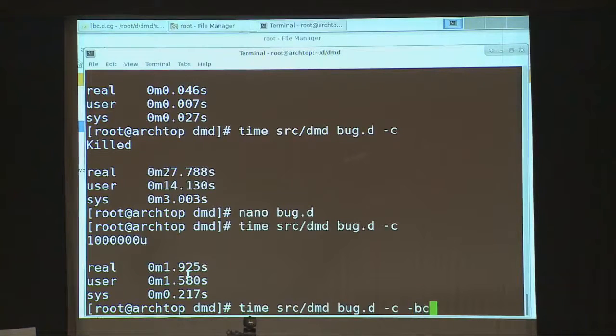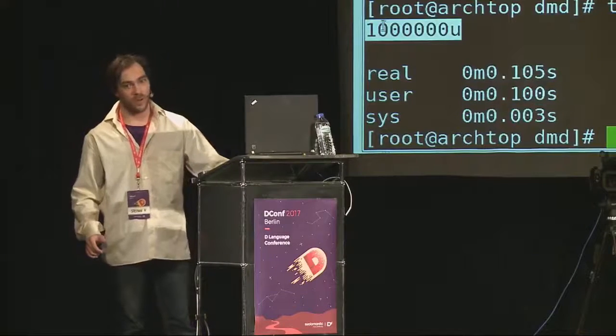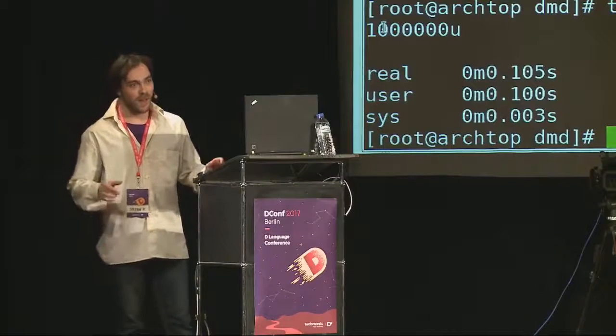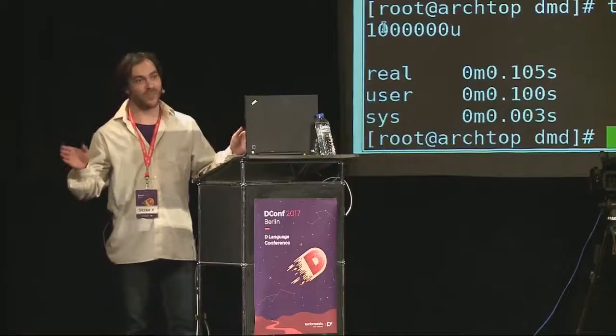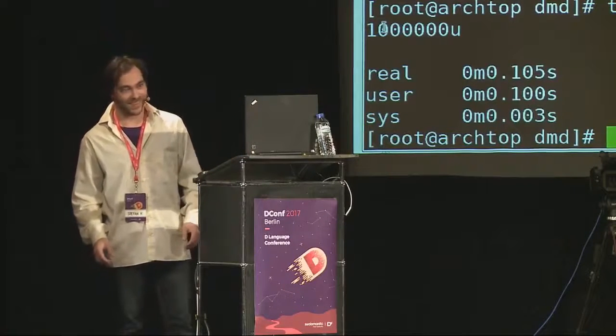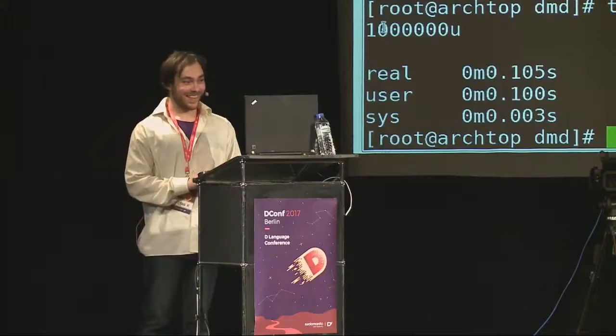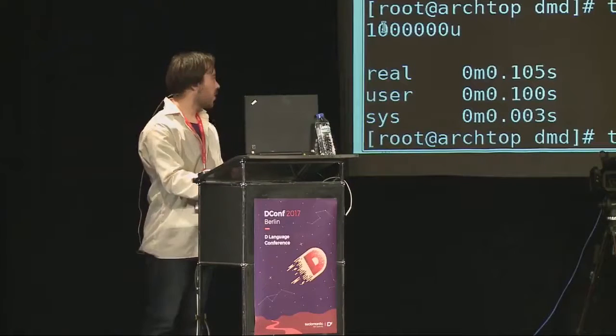Anyway, when we run this with the switch BC-CTFE, we just see like 15x performance improvement, and we still have the same output, which is important. Actually, when you re-implement something, you want to get the same output. So that is the performance we get.